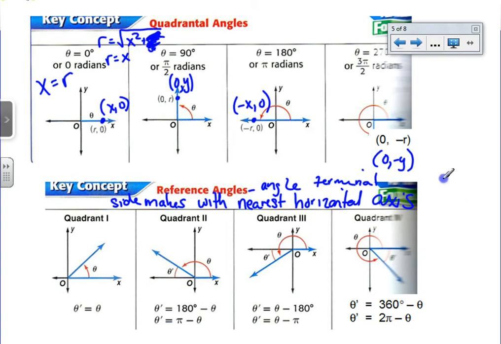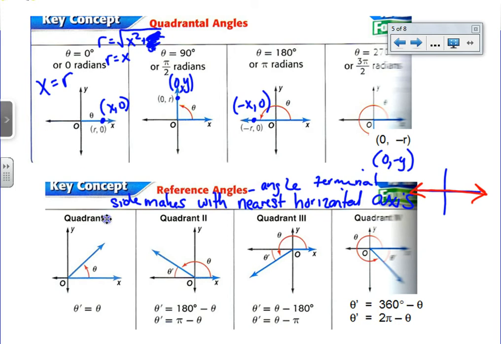So horizontal axis meaning the x-axis, which is this guy right here. So wherever my ray lands, I need to possibly drop it down or possibly raise it up so that we can calculate the angle between him and the nearest x-axis.